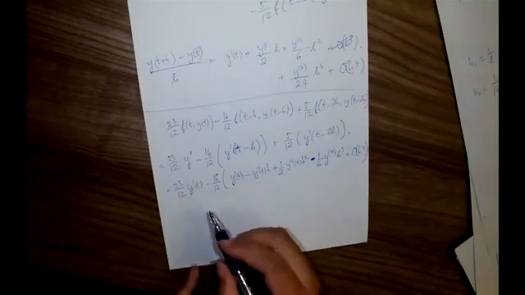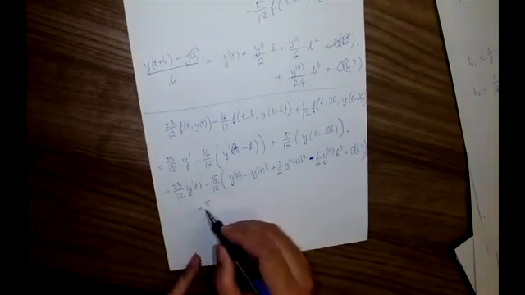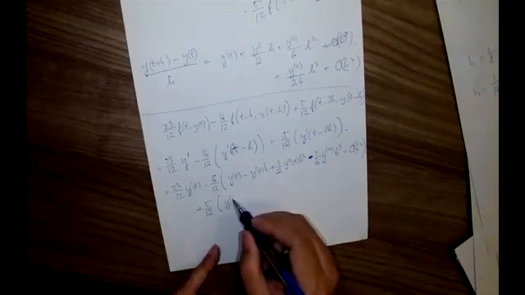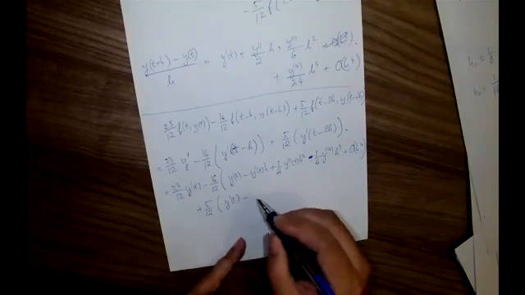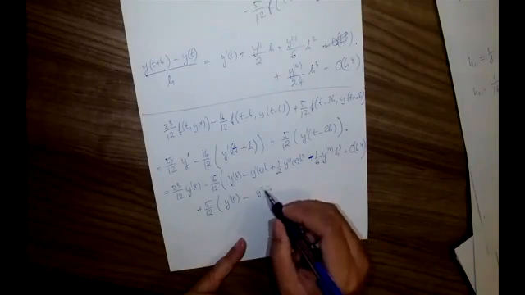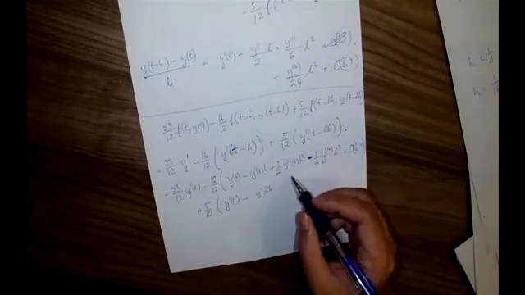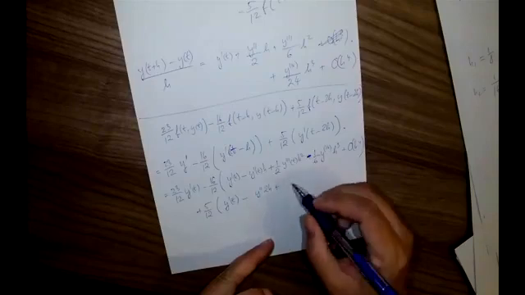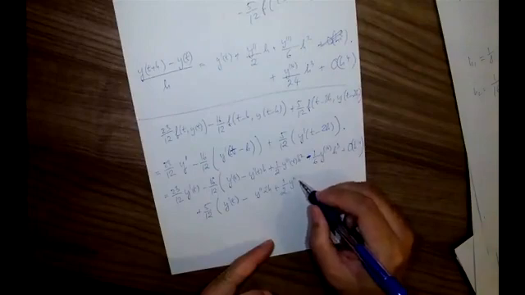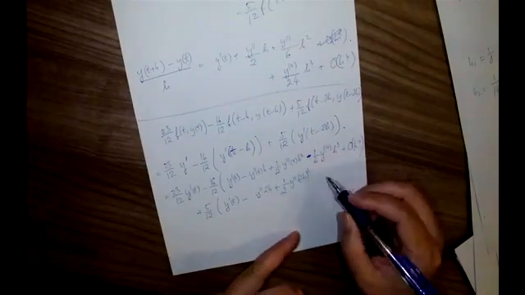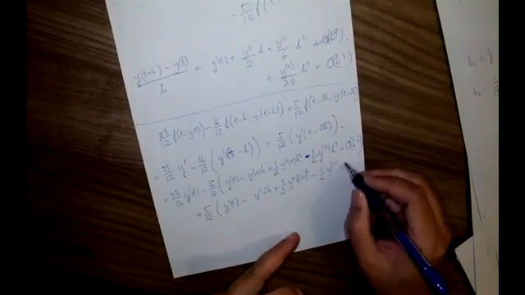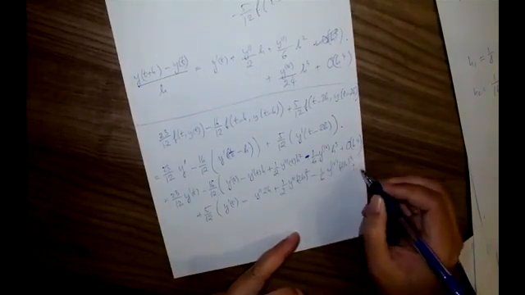And now we do the same for the last term, 5 over 12: y prime at t, minus y double prime 2h, because we have 2h here, and then plus 1/2 y triple prime (2h) squared, and minus 1 over 6 y fourth derivative (2h) cubed, plus some higher order terms.